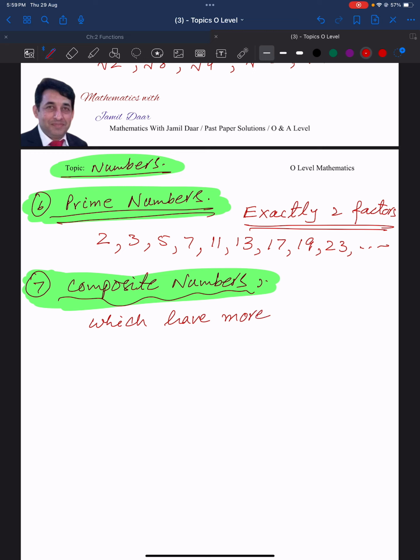More than means two is not included. More than two factors. That means they are divisible by more than two numbers, right?